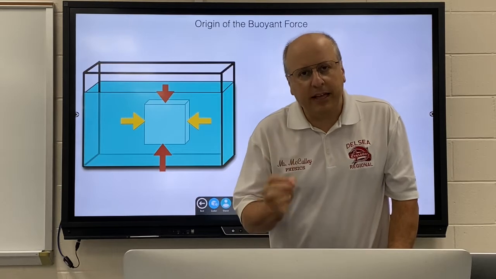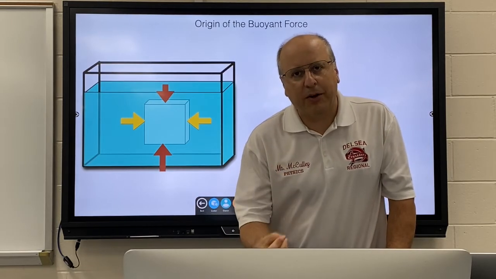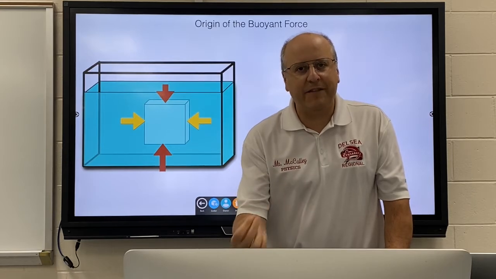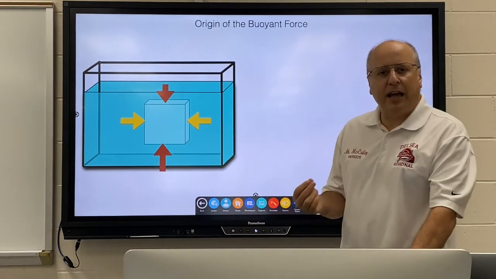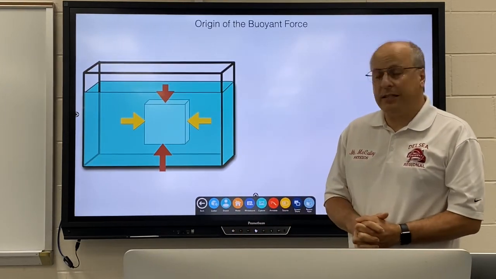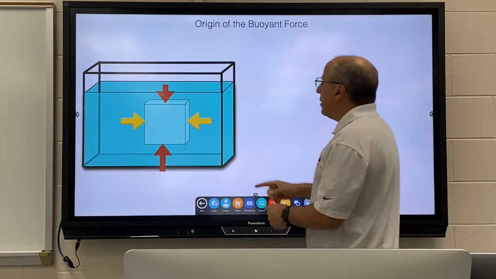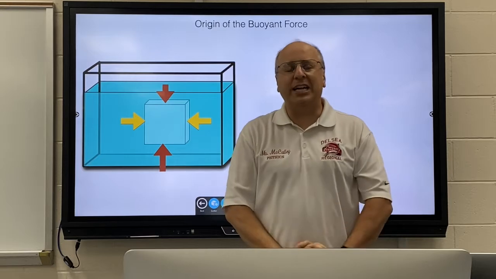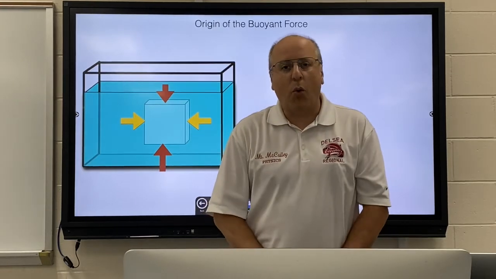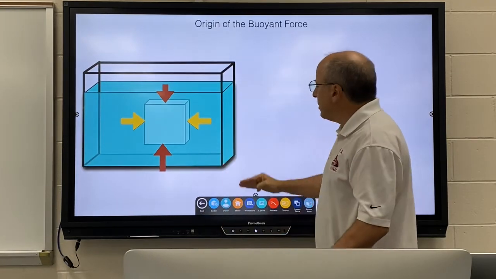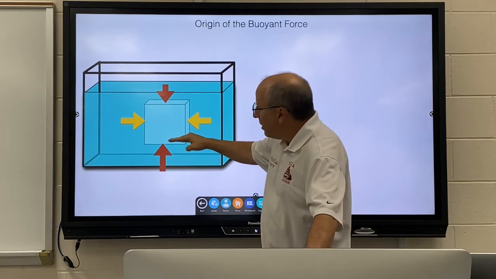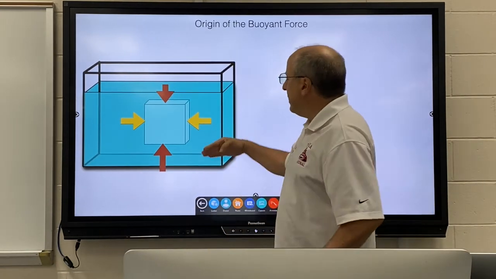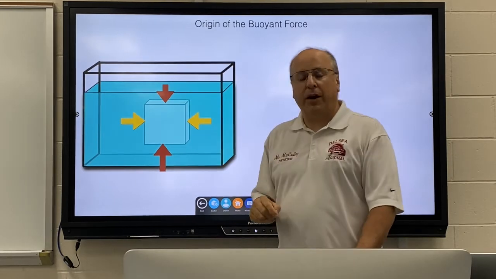And you might think that because of that, all the pressures would cancel out and there'd be no net effect. Well, that turns out not to be quite the right case, because the pressure pushing down and the pressure pushing up are not equal. Why are they not equal? Because the pressure is greater as you go farther down in the fluid than it is when you're not as far.